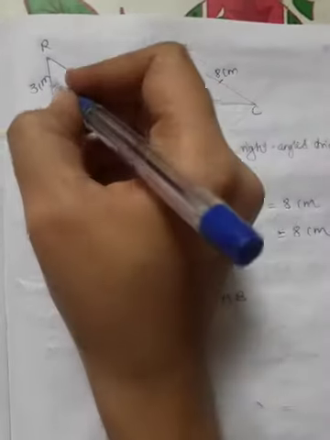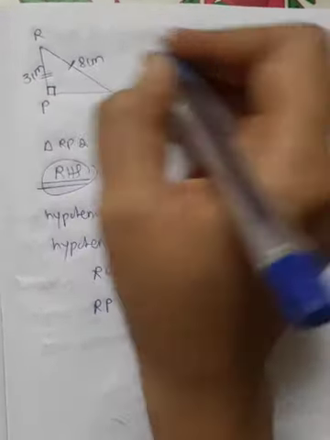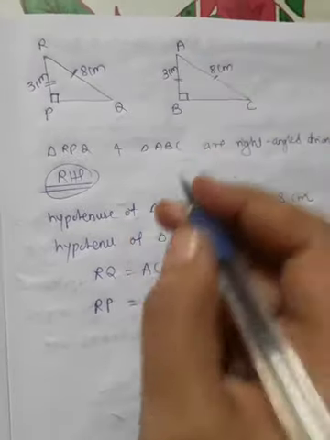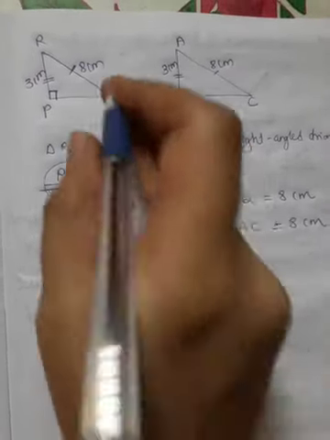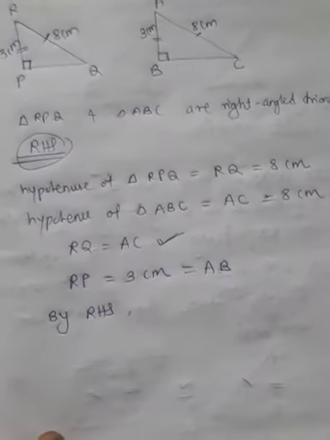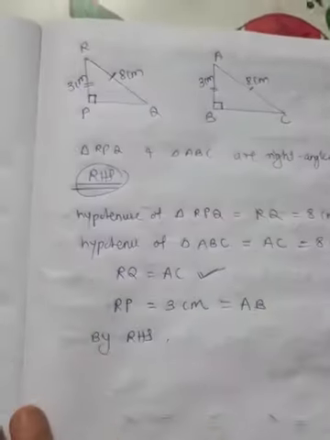Okay, and one side is also equal. So by RHS criteria we can say these two right angle triangles are congruent because hypotenuse and one side are equal.